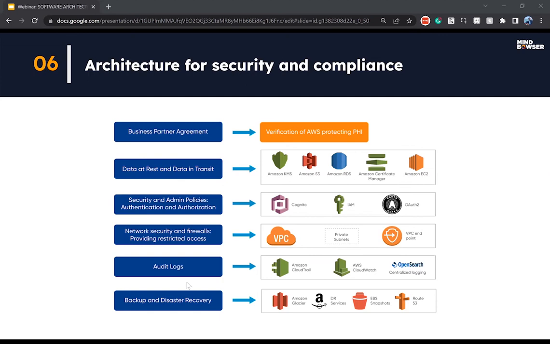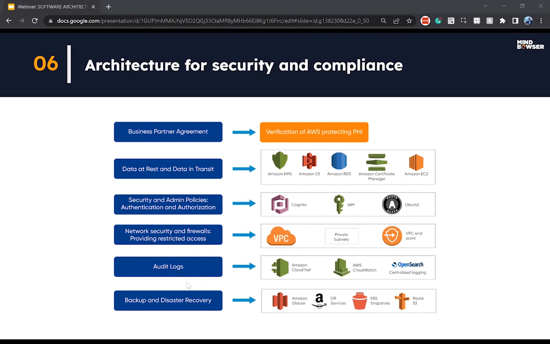That is not the responsibility of the cloud provider. The cloud provider provides managed services which the application team or the business can utilize to ensure their data compliance is not violated. AWS has numerous services, and it is the responsibility of the application team or the product owner team to utilize these services and follow the compliance.